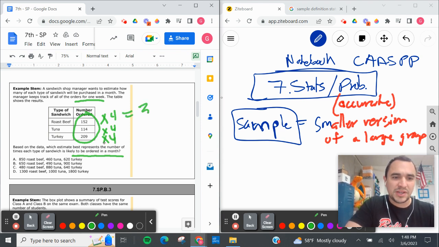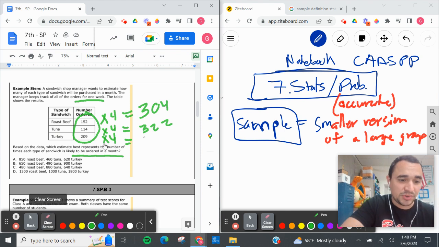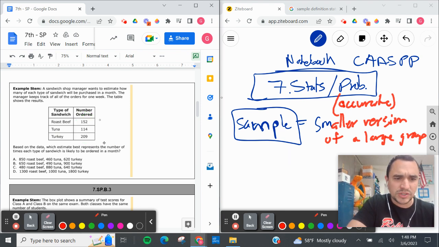So this would be about 304. The middle one for turkey would be about 322. And so that's tuna. And turkey is, sorry, I'm saying it by 4. This is completely wrong. Let me try that one more time. I apologize. Times 4. I did it times by 3. I don't know why.